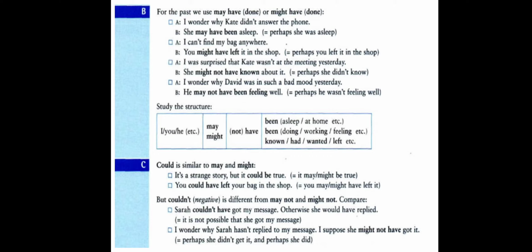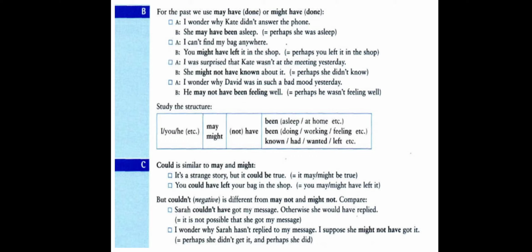If we are sure, then we say she was asleep. When we are sure, to make it possibility, we say she may or might have plus the past participle of was, which is been. Then it becomes she may or might have been asleep. That means perhaps she was asleep.